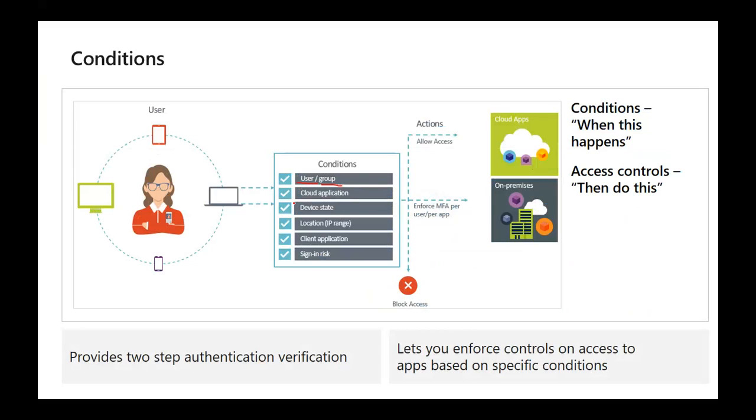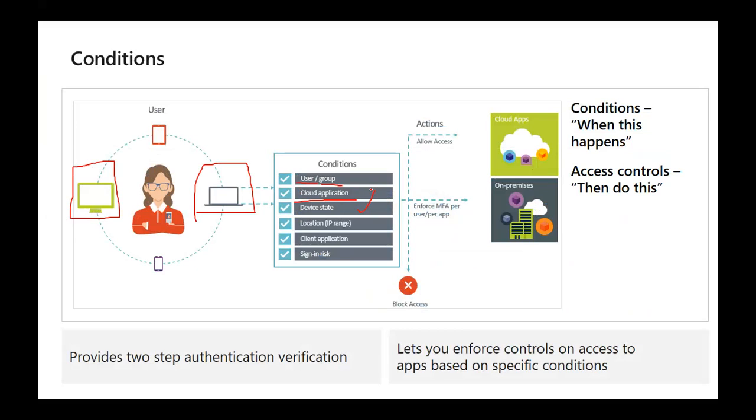Maybe I'm going to protect the access of certain applications, so I can implement a specific conditional access policy for cloud applications. For example, I want to restrict my users from accessing Spotify. In this case, the users are not going to be able to access Spotify when they try to access with their organizational devices or using their organizational accounts.